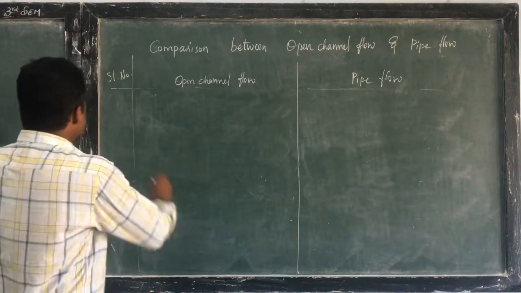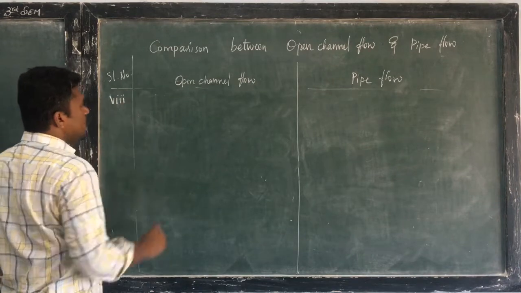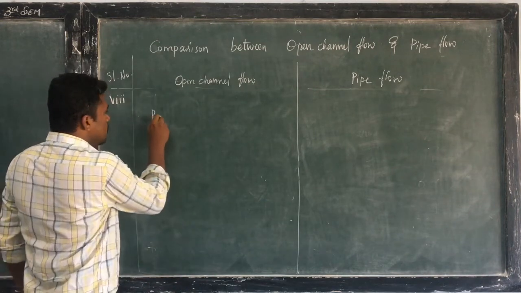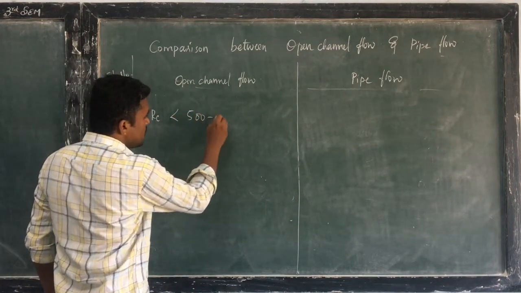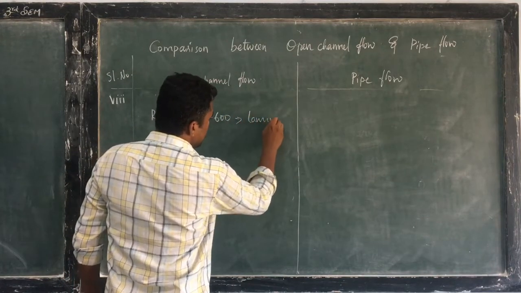The next point depends upon the classification of flow. In open channel flow, if the Reynolds number is less than 500 to 600, then the flow is considered laminar.